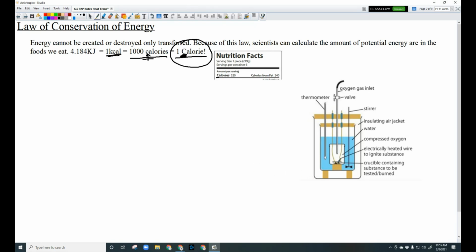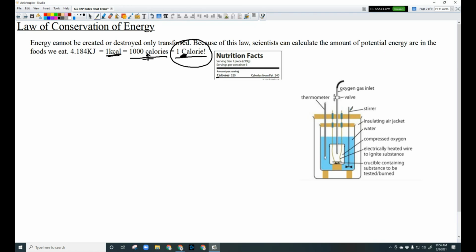So they'll put an amount of food here, and then they have these 2 wires that come into this beaker. Now, this beaker is a sealed beaker, and it has an oxygen inlet here, so it has a way to deliver oxygen into it. It's sealed up and submerged in another container that contains water, totally submerged 100%.